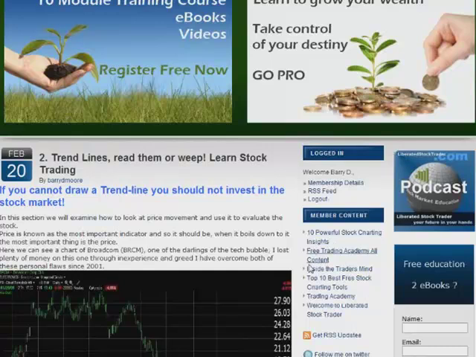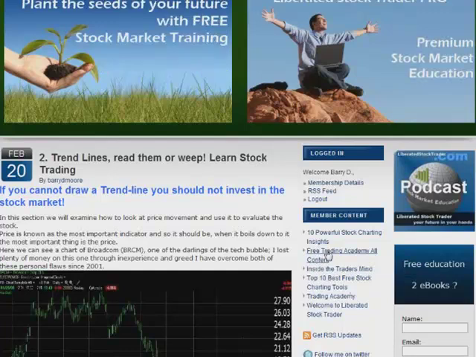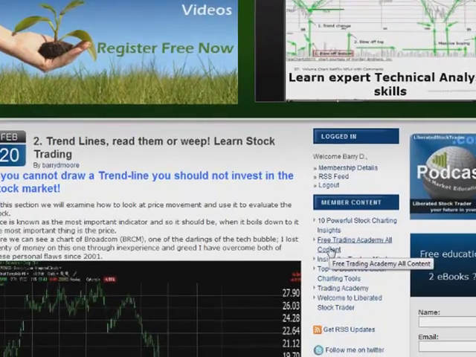In the login prompt you can see here the member content area, and for our free members and also our gold members, who are the purchasers of the Liberated Stock Trader Pro training, can also access all the free member content as well.